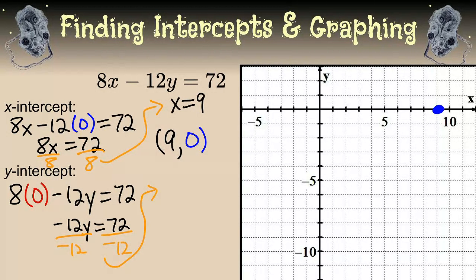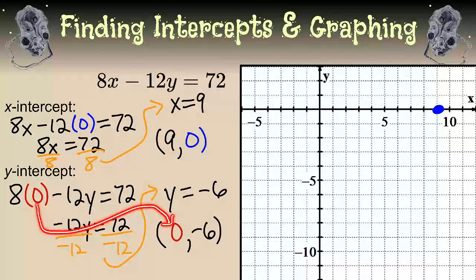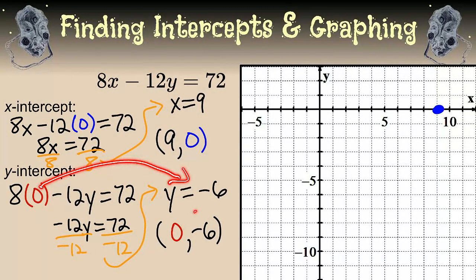The result is y is equal to negative 6. So my point is 0, negative 6. The reason why it's 0 again is because I've decided that x was going to be 0. And when I decide that x is 0, it allows me to solve for y, which determines the point. So I have the point 0, negative 6 right there.